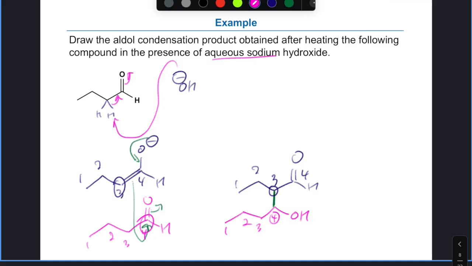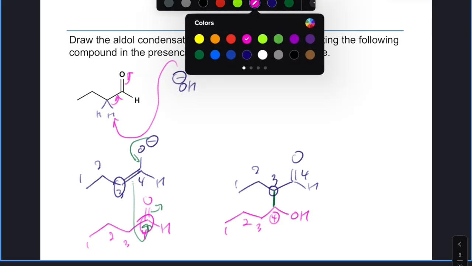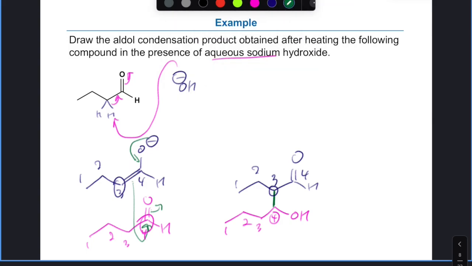If I want to get to the condensation product, what I need to do is lose water between carbon 3 up here and this OH down here. We're making a double bond, which is in conjugation with that carbonyl. So we go back to the alpha center, where we already have done that deprotonation, where we already did our addition.